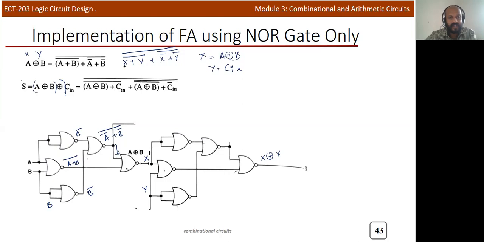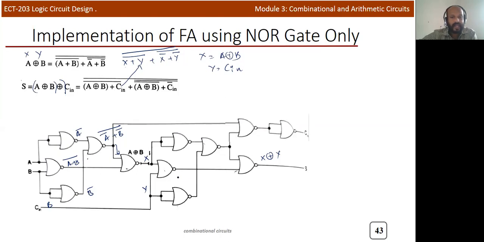In place of X, you can substitute A XOR B, and in place of Y, you can write C, etc. And you will get this particular expression, and simply you can substitute here. And similarly, in the case of carry, you need to consider two outputs: A·B you need to consider, and (A XOR B)·C you need to consider.